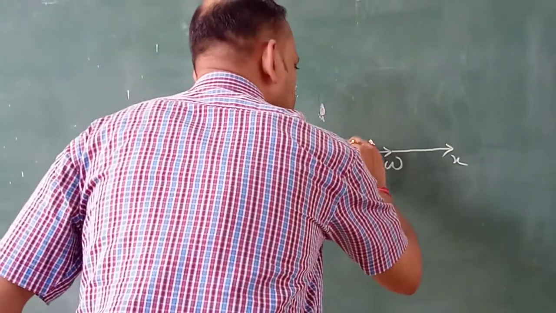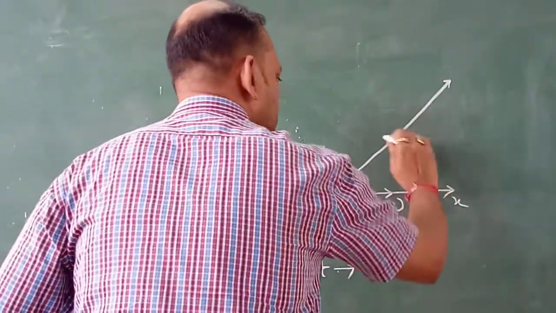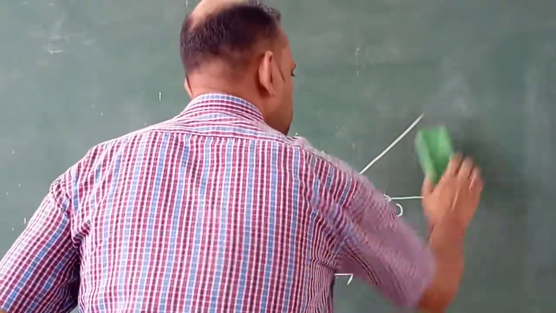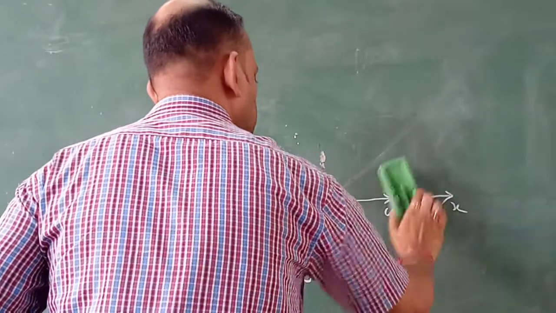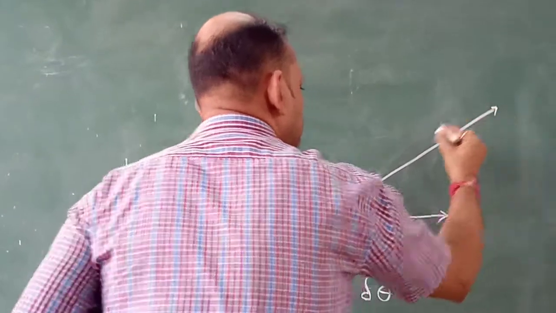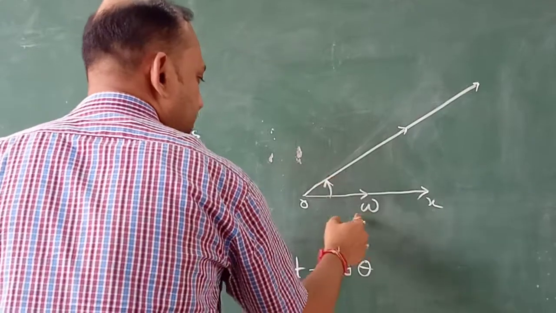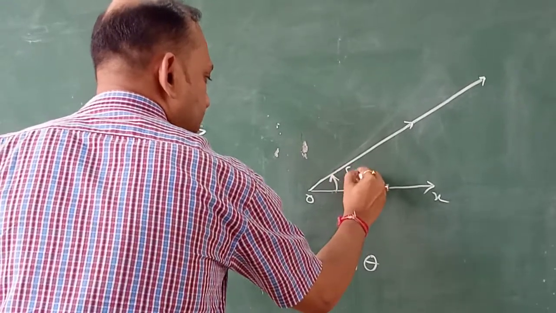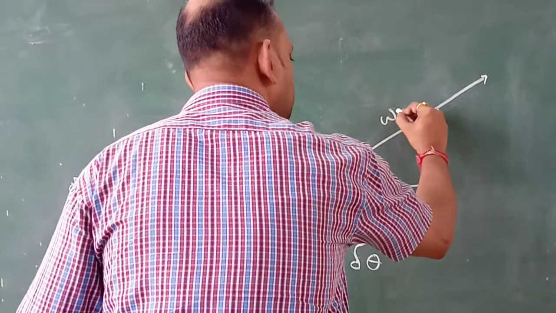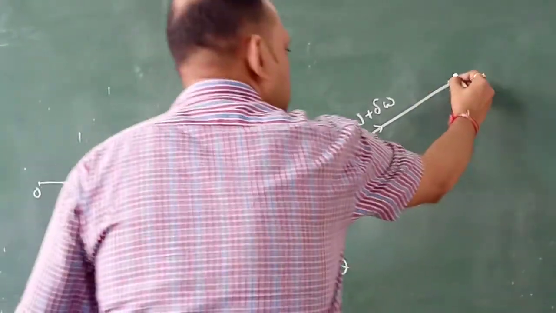So let us consider that at a certain interval of time del t, this spin vector has traversed an angular distance of del theta, where the new angular velocity will be omega plus del omega, and this is x.